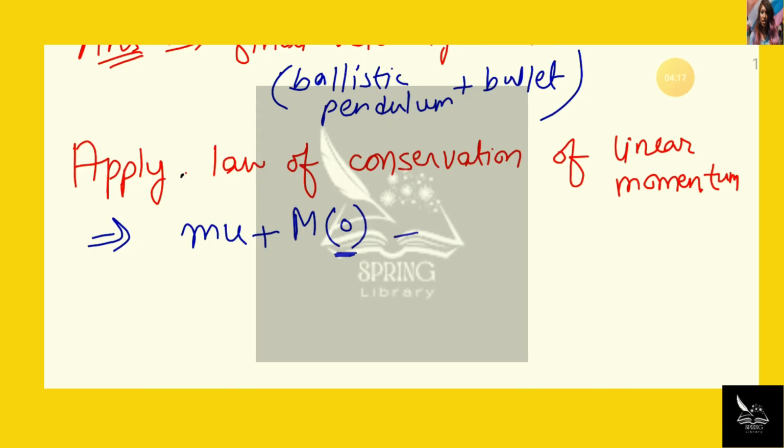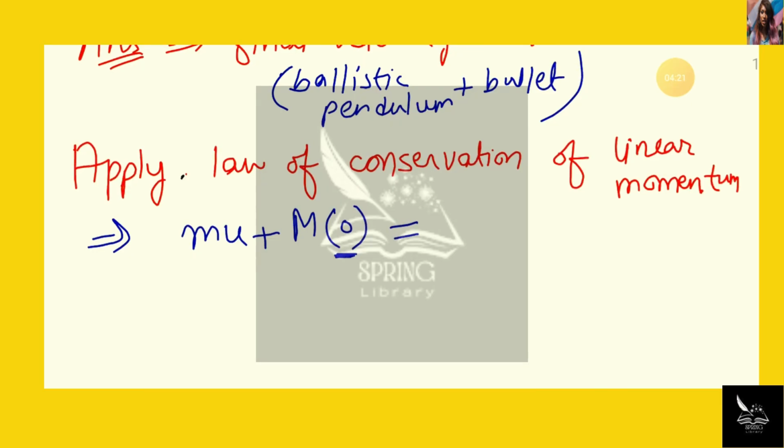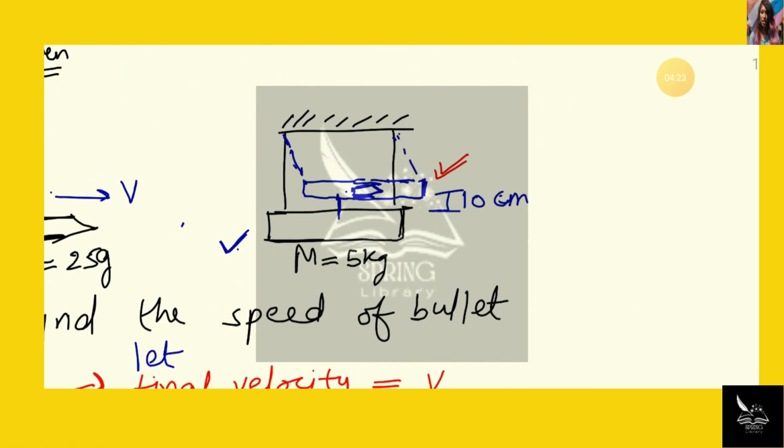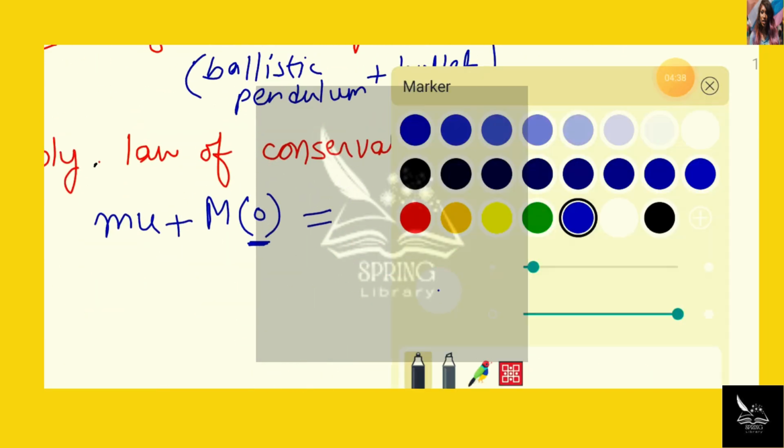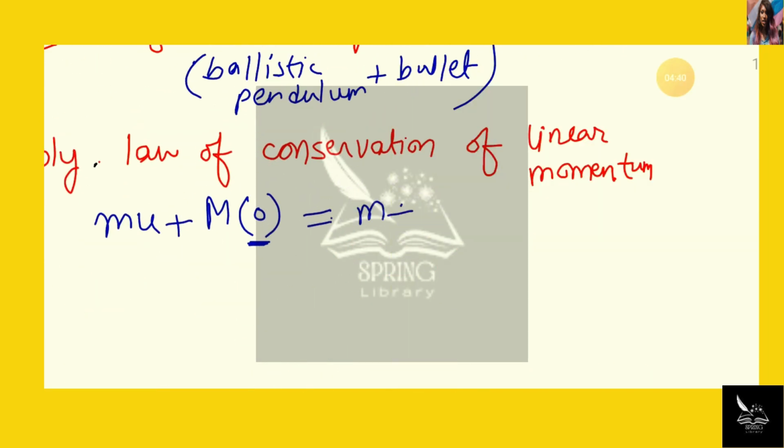On the right side is the final momentum. After collision the bullet is clinging with the ballistic pendulum and going with the final velocity v, so the final momentum is (small m plus capital M) multiplied by v.